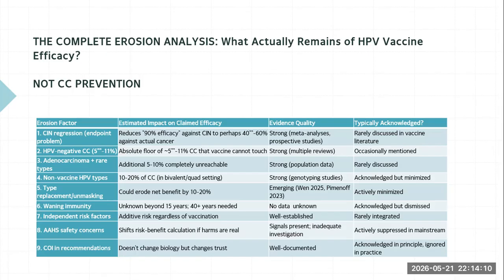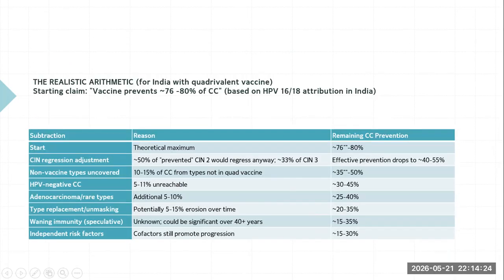And then the safety profile, because of the aluminium adjuvant, and Gardasil 4 and 9 has got a novel adjuvant, that is AAHS, and there's a lot of conflict of interest which I have shown you earlier also. So what they are saying is that vaccination will prevent 70 to 80% of cervical cancer, but if we do the arithmetic on the points which I've discussed just now, it might not even prevent 15 to 30% of cervical cancers.